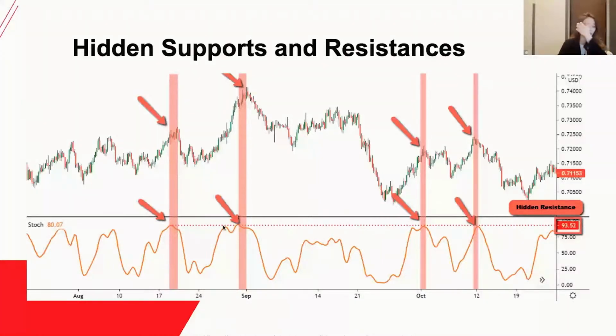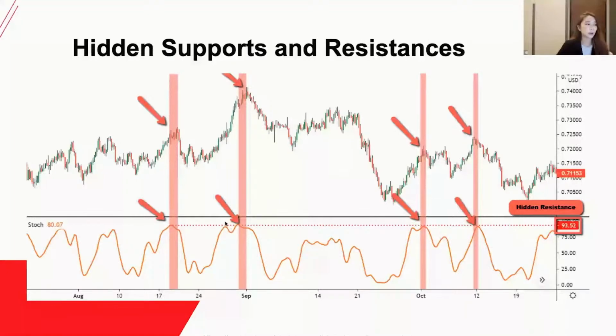So if you stop yourself or let go of your buy at the price where it hits 80, you would be ignoring hidden resistance at 93.52, and it would cut short the profit you could possibly have made.